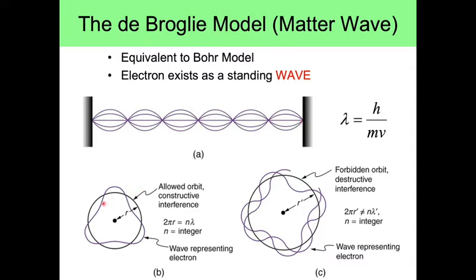Therefore, this wave can remain oscillating in this orbit indefinitely, which means the electron is allowed to orbit at this particular radius, while this in-between radius is a case where this relationship doesn't hold.